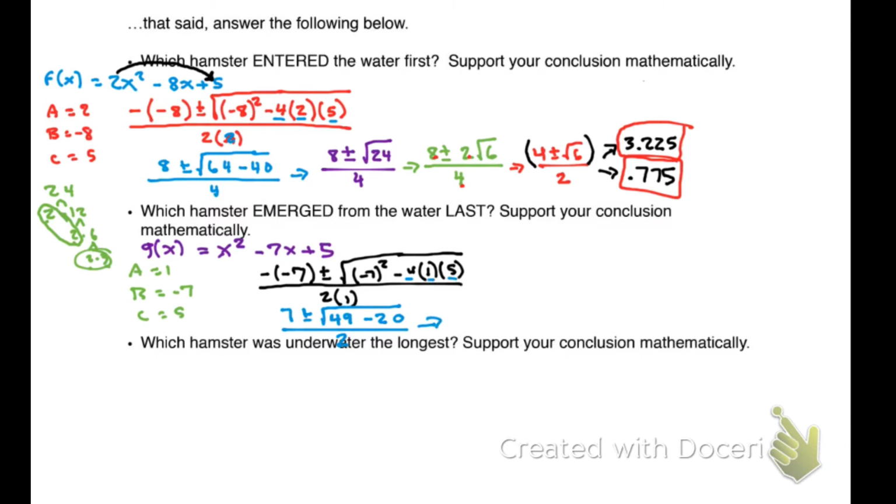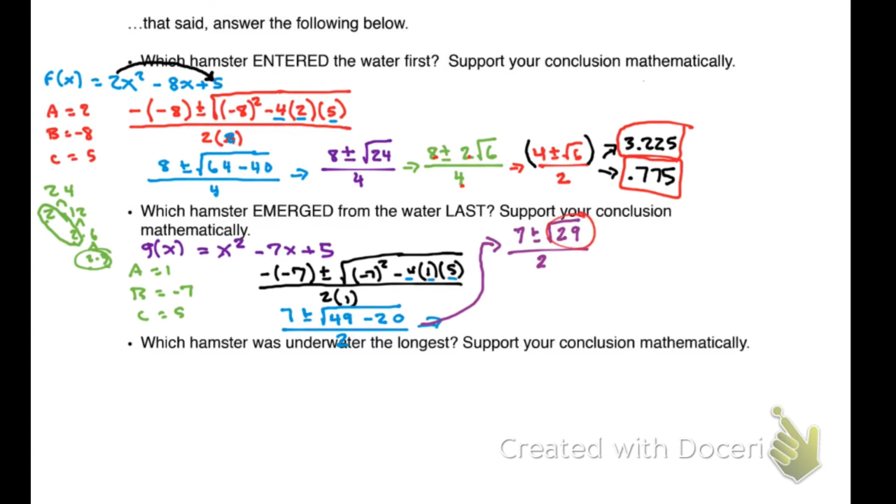And again, simplifying one more time, I'm actually going to move this up here, 7 plus or minus the square root, 49 minus 20 is 29, divided by 2.